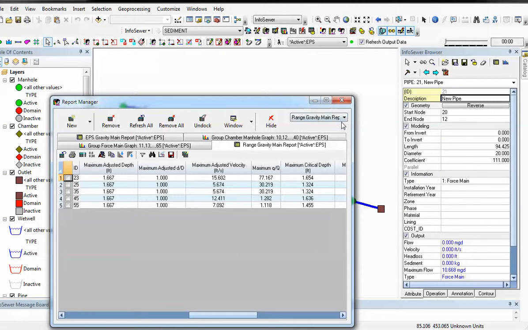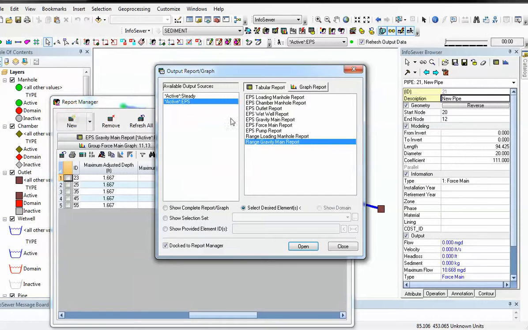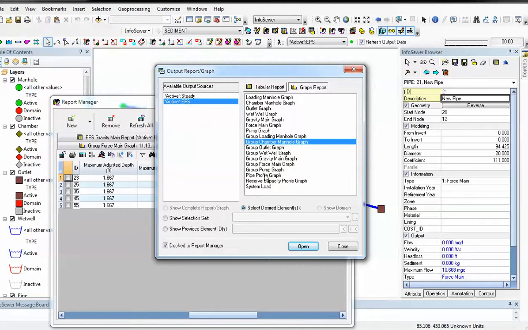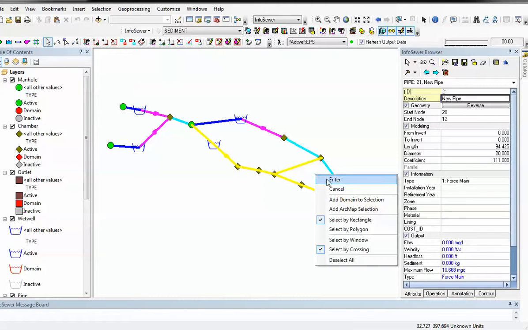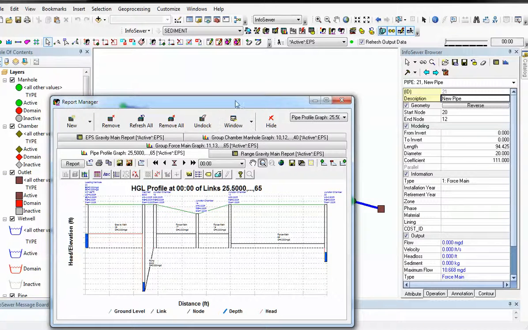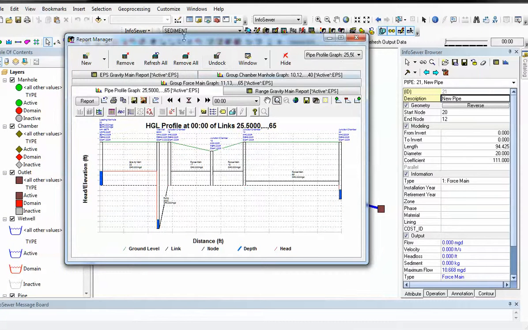Okay. All right, let's look at a profile. So let's go to graph, pipe profile. So we'll look at the pipe profile here. Look at a few examples. And this shows you the profile going through the system.